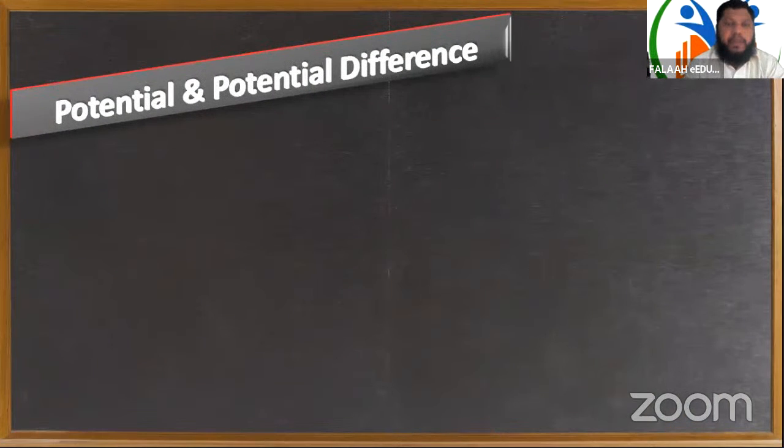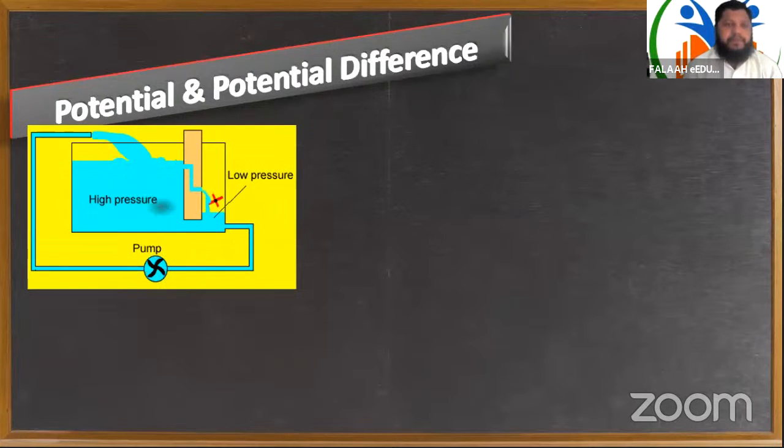Okay. Now we have understood about the potential and potential difference. For understanding potential difference, we have seen how we pump water to a water tank and how it possesses energy. When we need to take water to a higher altitude, we need to pump it.